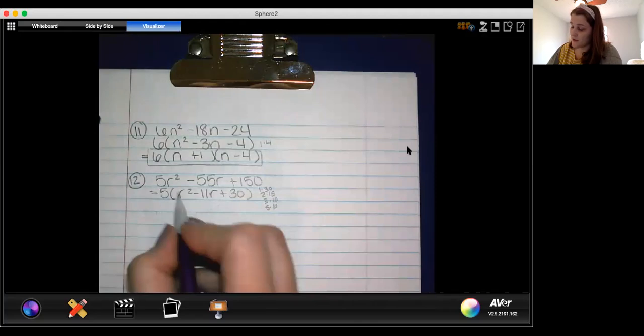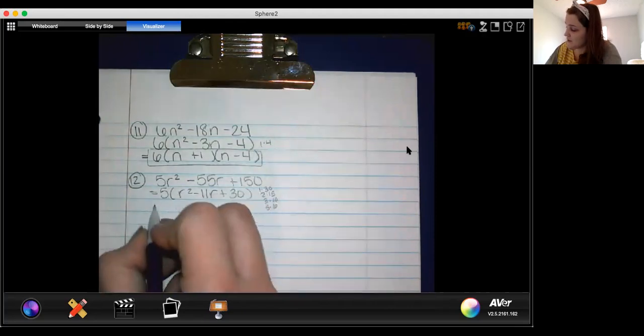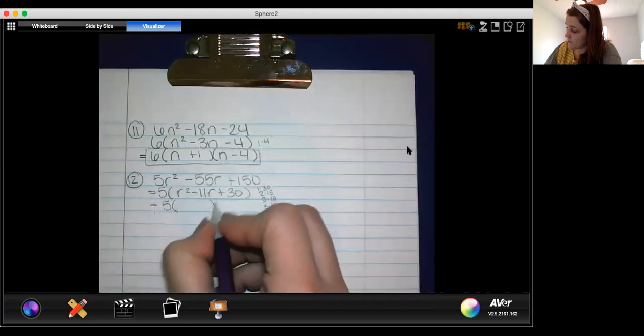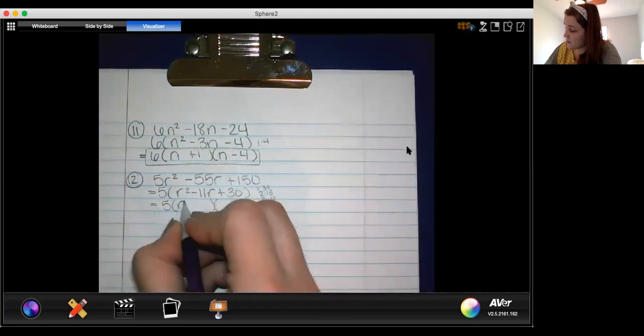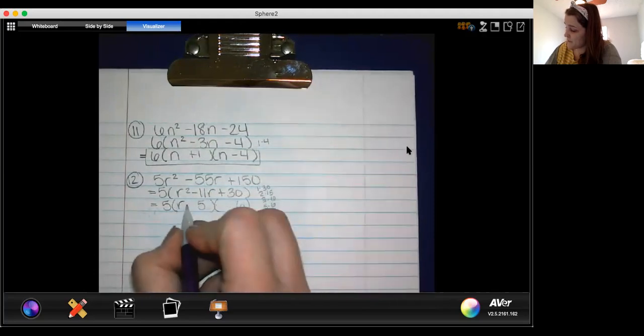And we don't have to consider that first leading term because we took the factor out. So now it's just an a of 1. So 5 and 6 are the ones we want, and they would both have to be negative.